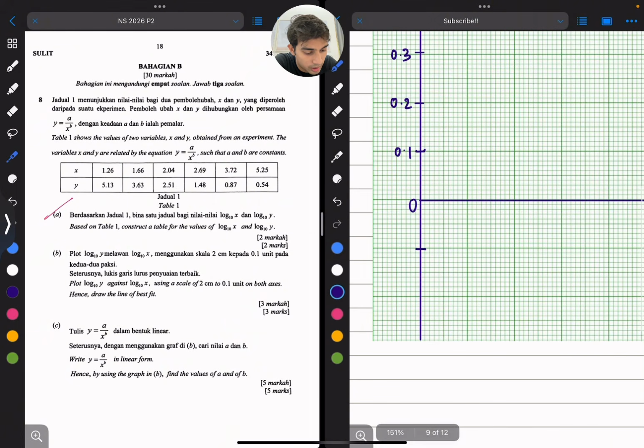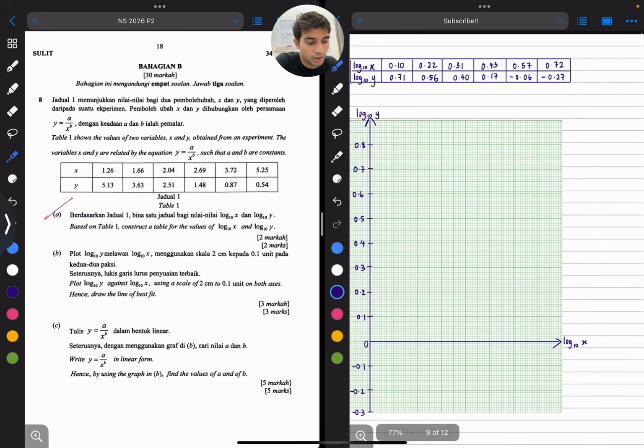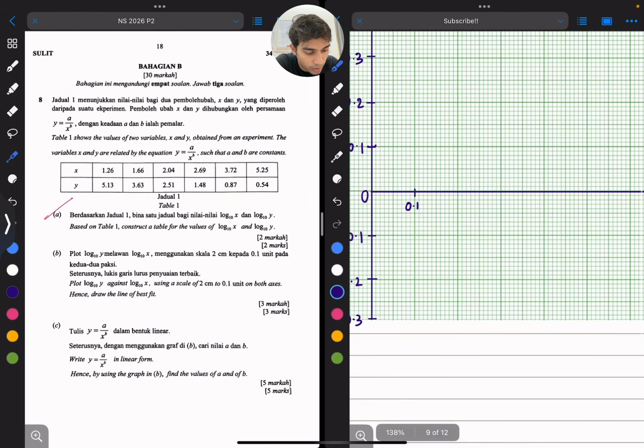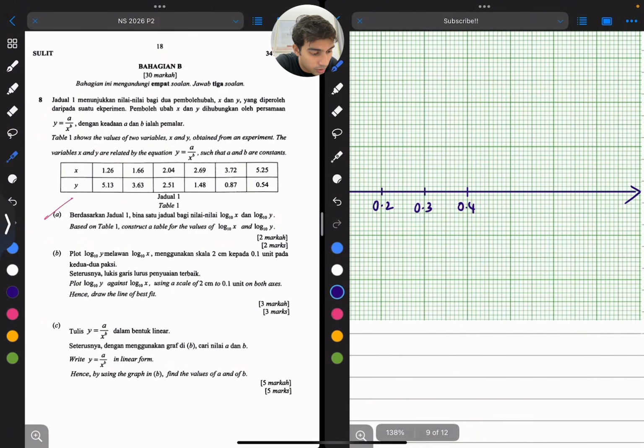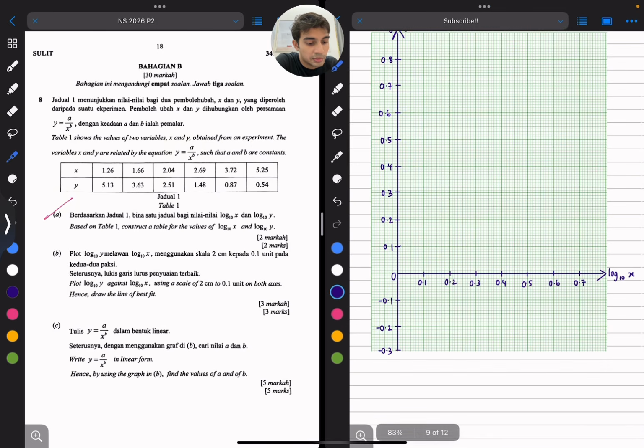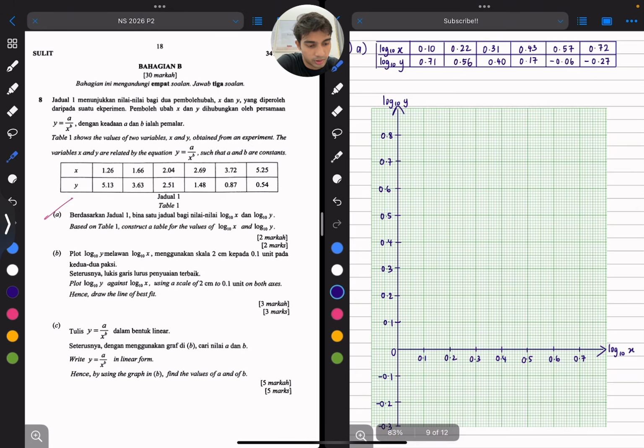Here will be negative 0.1, negative 0.2, negative 0.3. All right. Okay, then on the x-axis the same thing, 0.1, 0.2, 3, 4, 5, 6, 7. All right, now let's try to plot.